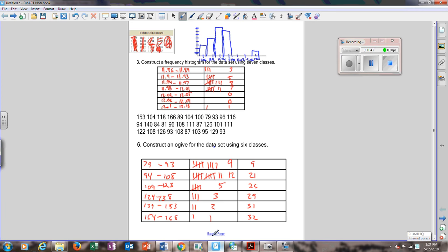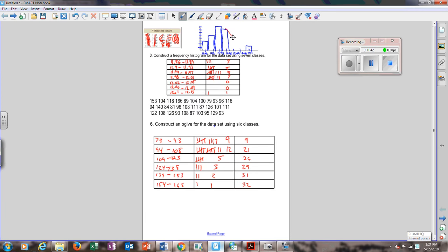Okay. Now to set up your ogive, frequency up the left side, and then your bars across the bottom. Not really bars, but you do low points.